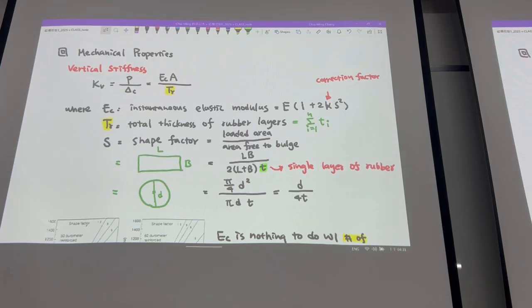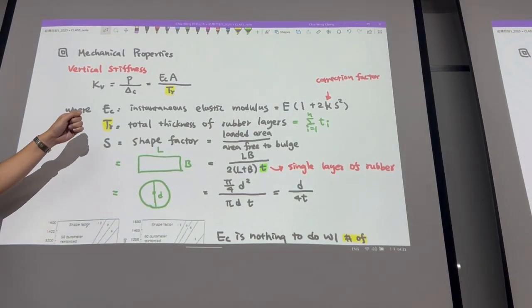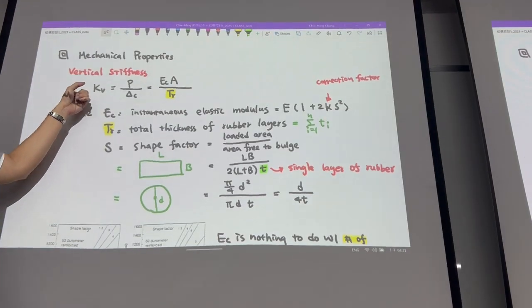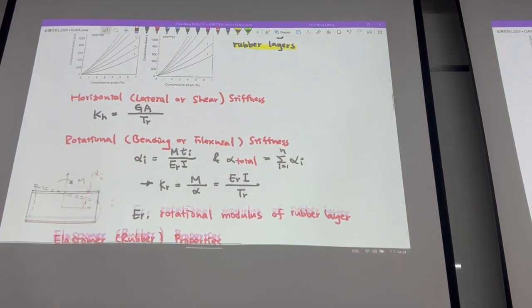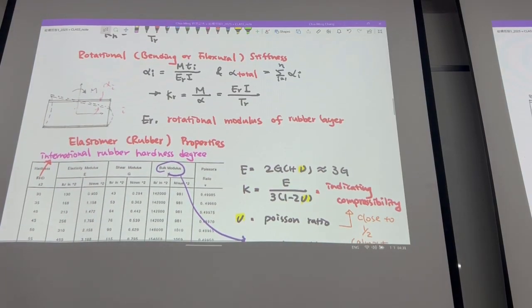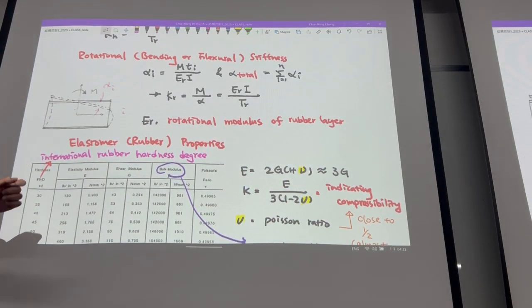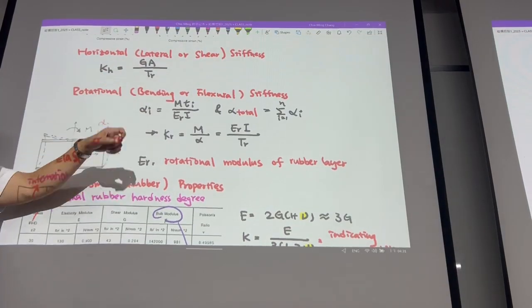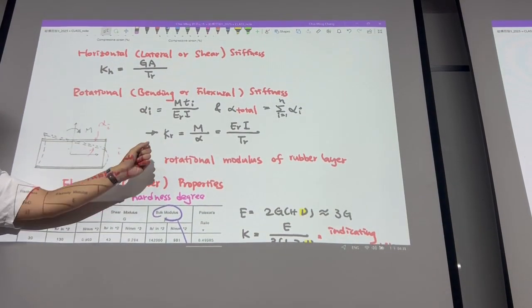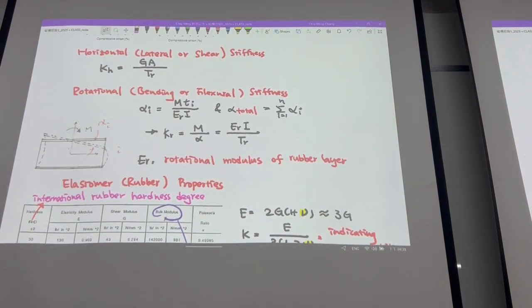First of all, if you want to do a very simple simulation, then you have to consider the vertical stiffness. You can go ahead and use this equation. Then also the horizontal stiffness coming from your shear modulus, and also you have to consider the rotational stiffness.